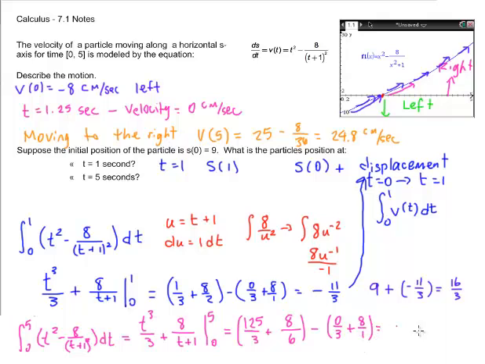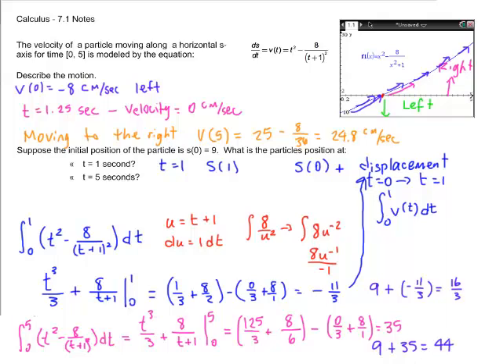And when you work that guy out, you should get 35. And so now if we want the final position for this guy, we would do the same thing. Initial position plus the displacement. So 9 plus 35, and that'll tell us how far our particle traveled, which should be 44 total units.